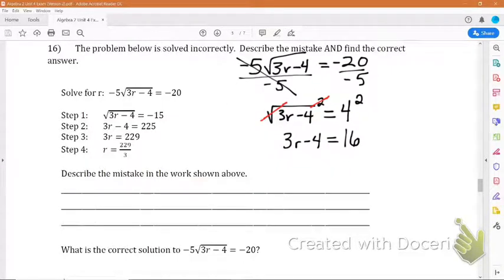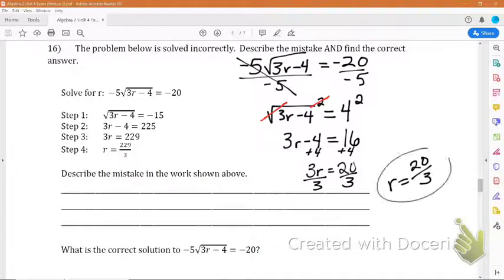Now I want to add 4 to both sides. So 3r equals 20. Divide. So my answer is going to be 20 over 3. I again would leave my answer as 20 over 3.